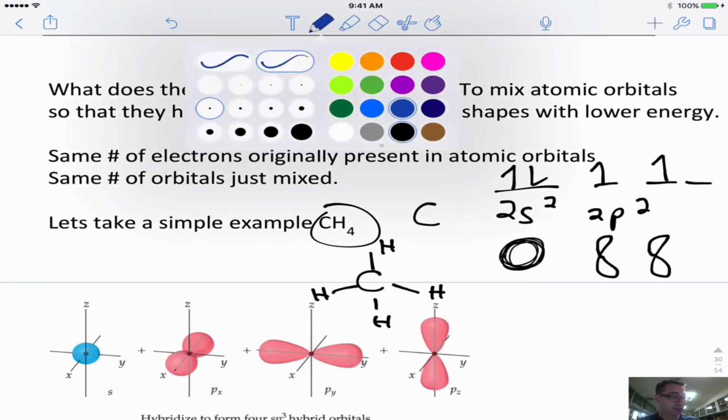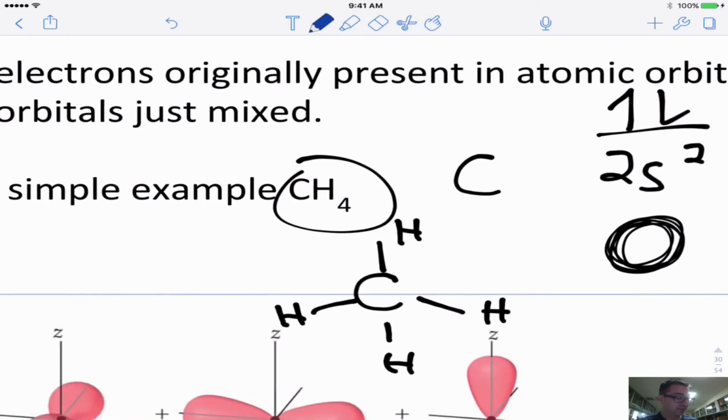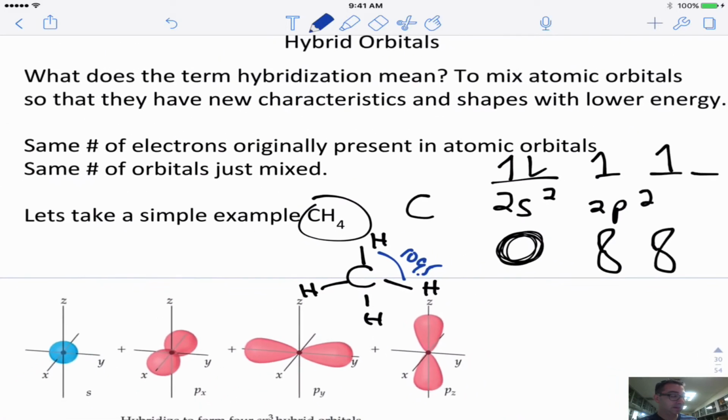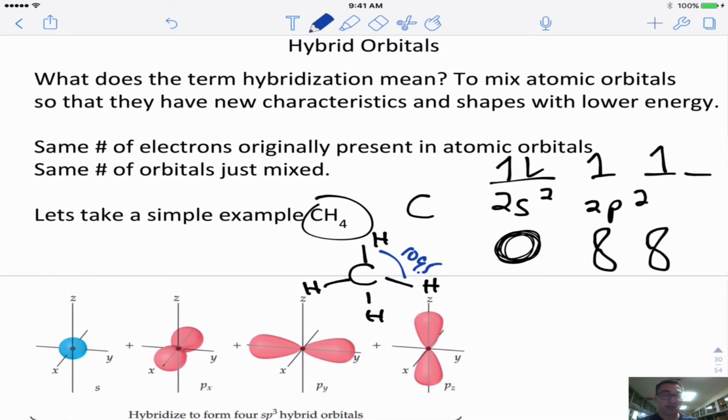So they're at this 109-degree angle between them. The issue is that when we look at the p orbitals and the s orbitals, they're not at 109 degrees. Something happens to these orbitals. Something happens where they mix together and they form new orbitals, orbitals that are now at 109 degrees.